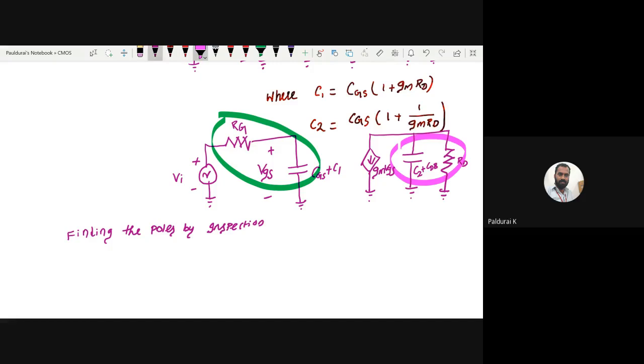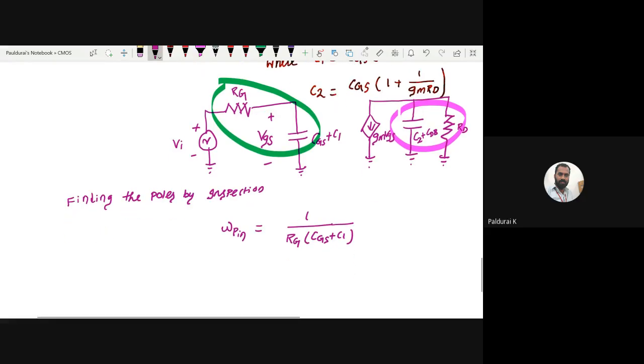Let me call this one omega p in, the input side frequency. It is 1 over RC, where R is RG and C is CGS plus C1. Let me call the next one omega p out. It is 1 over RC, where R is RD and C is C2 plus CDB.